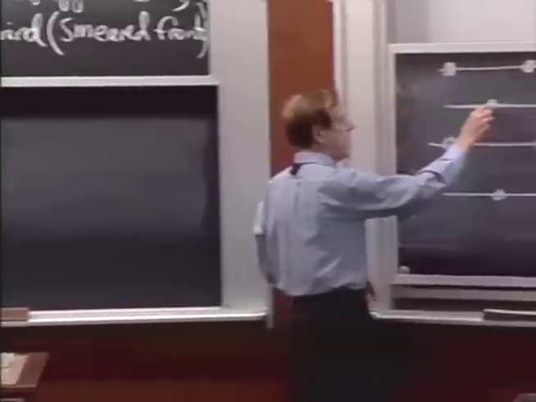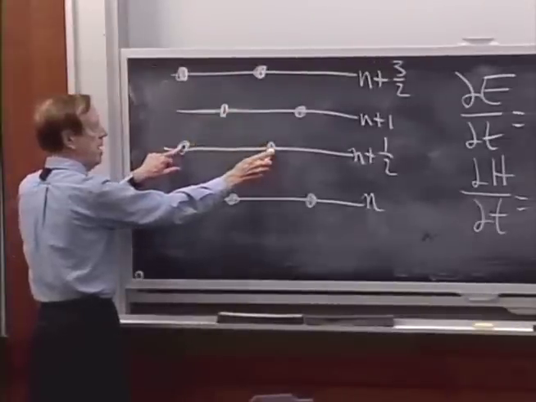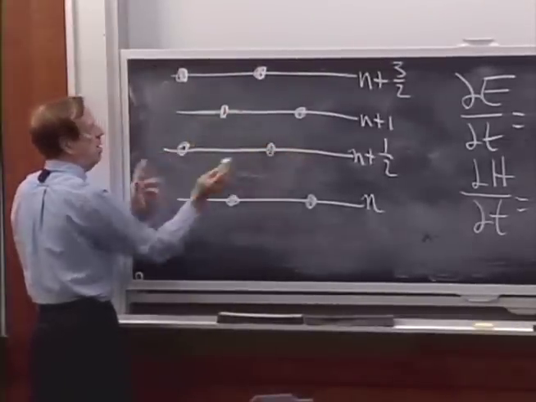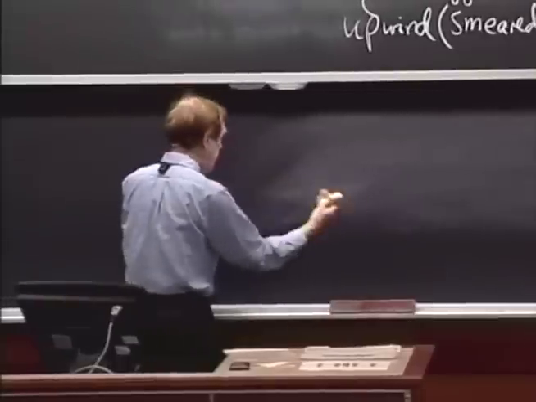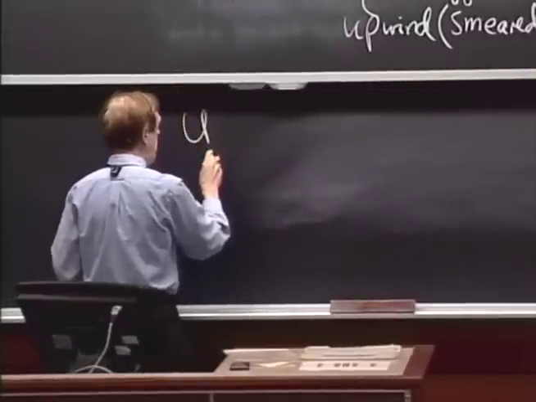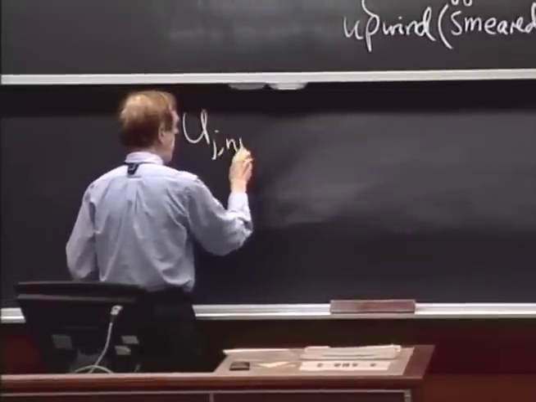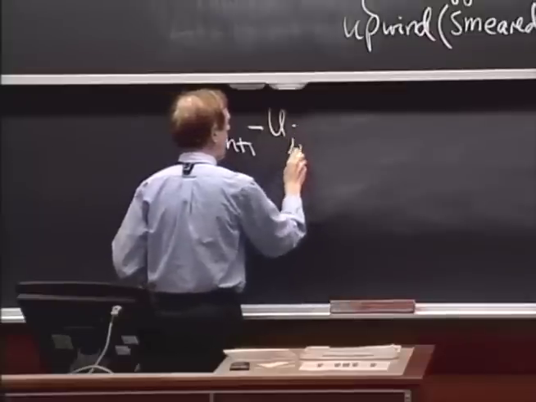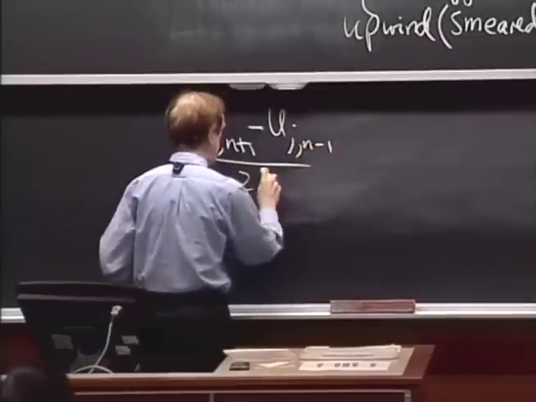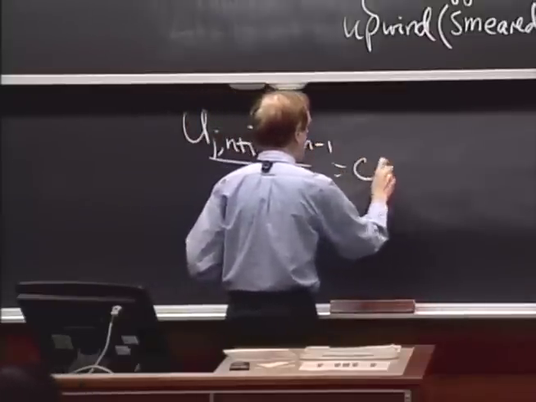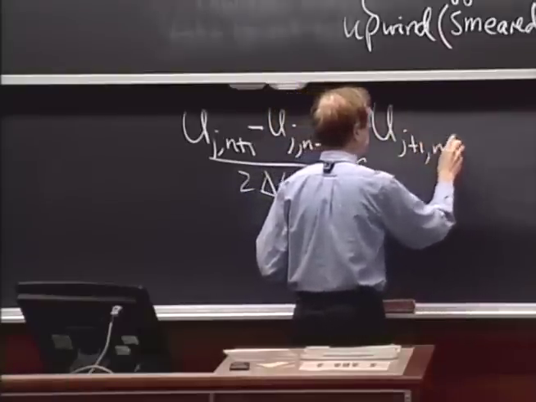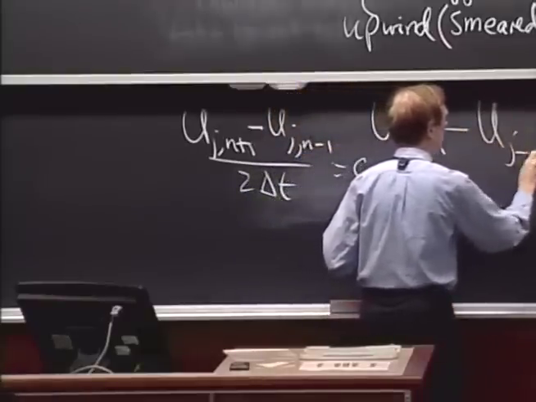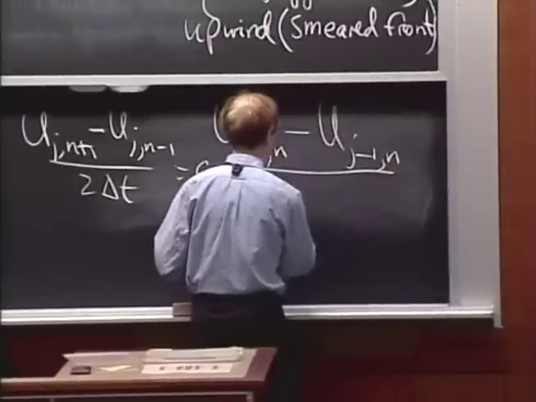A new value at time n plus 1 would come from these at time n, and this one at time n minus 1. So you think of it right away: I use a center difference in time, (u_j^{n+1} minus u_j^{n-1}) over 2 delta t, equals c times a center difference in space, (u_{j+1}^n minus u_{j-1}^n) over 2 delta x.